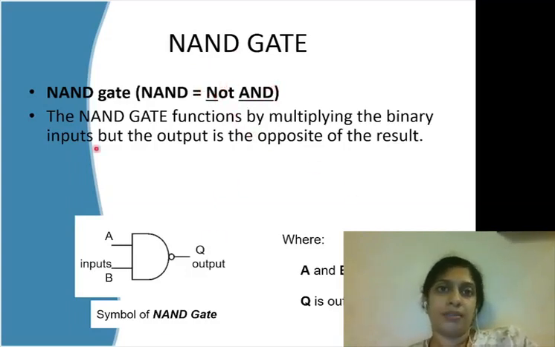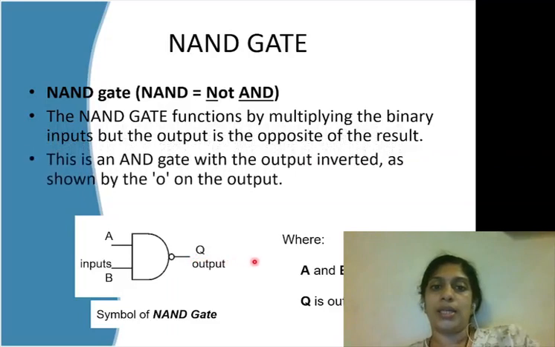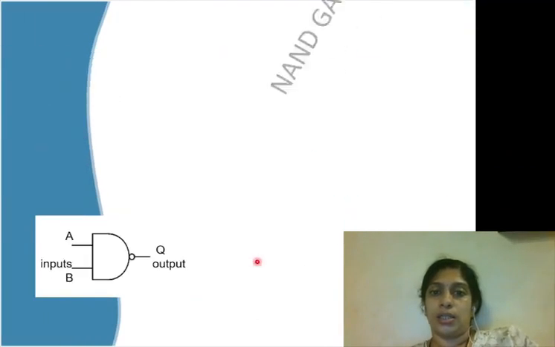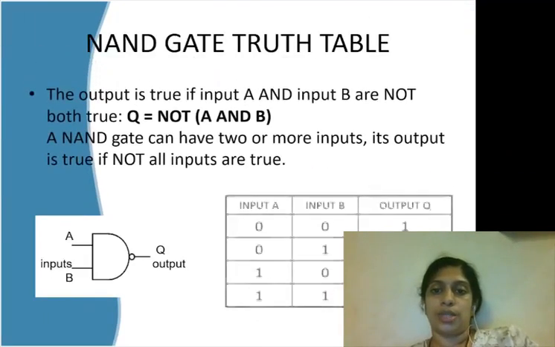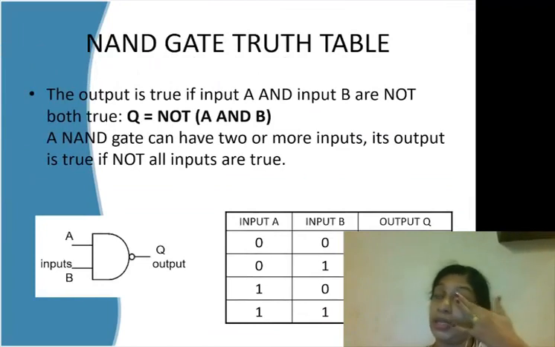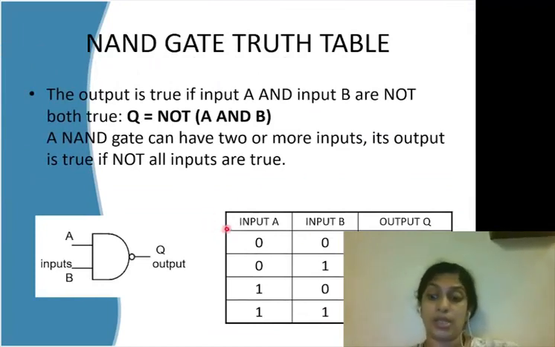And the logic symbol for this NAND gate is like this, that is an AND gate with a bubble representing the negation operation. And here is the truth table for the NAND gate, that is this gate is a negation of the AND gate.